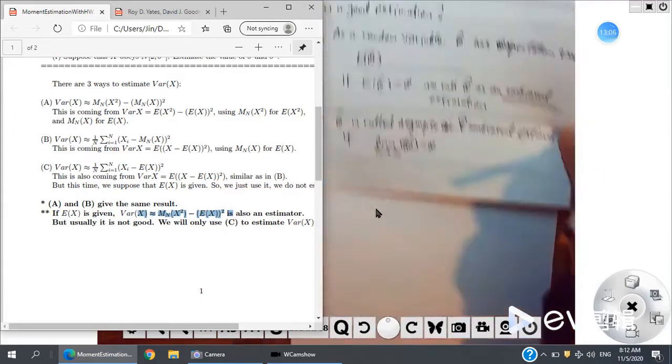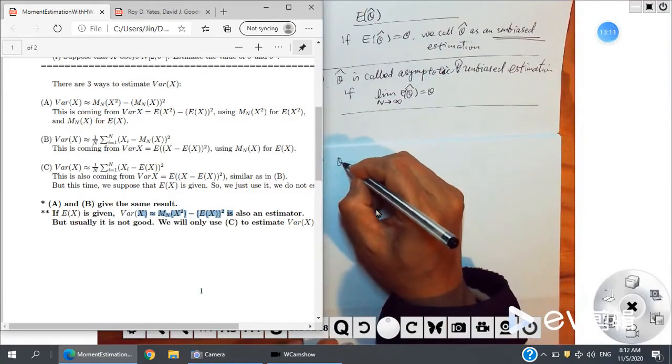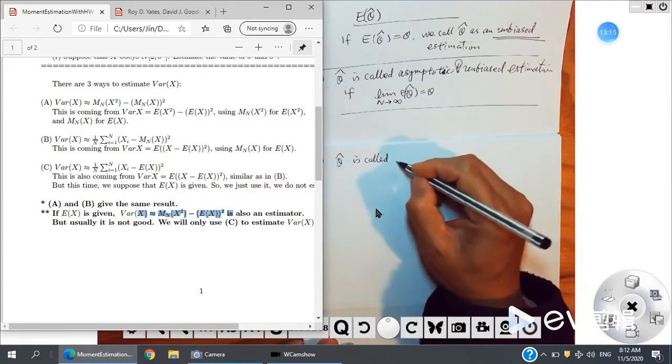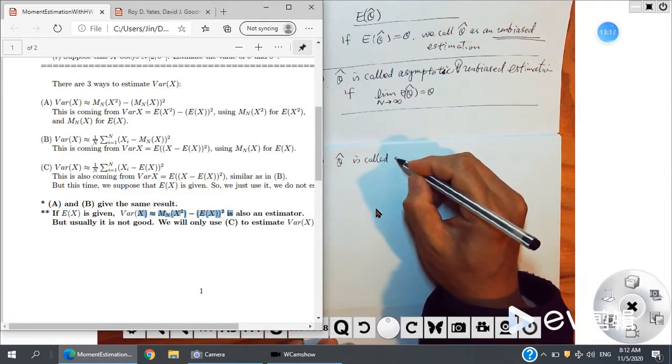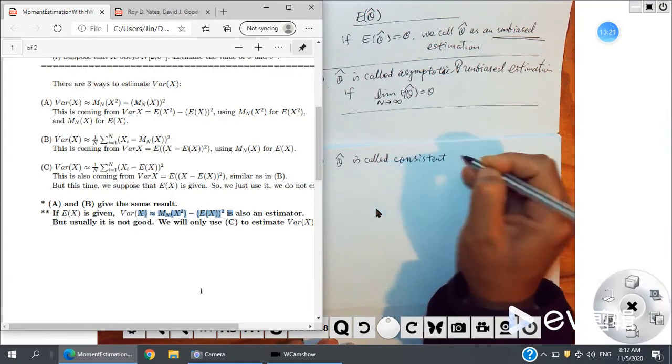Okay, so this is the second case, and the third one, we say theta hat is called a consistent estimation.